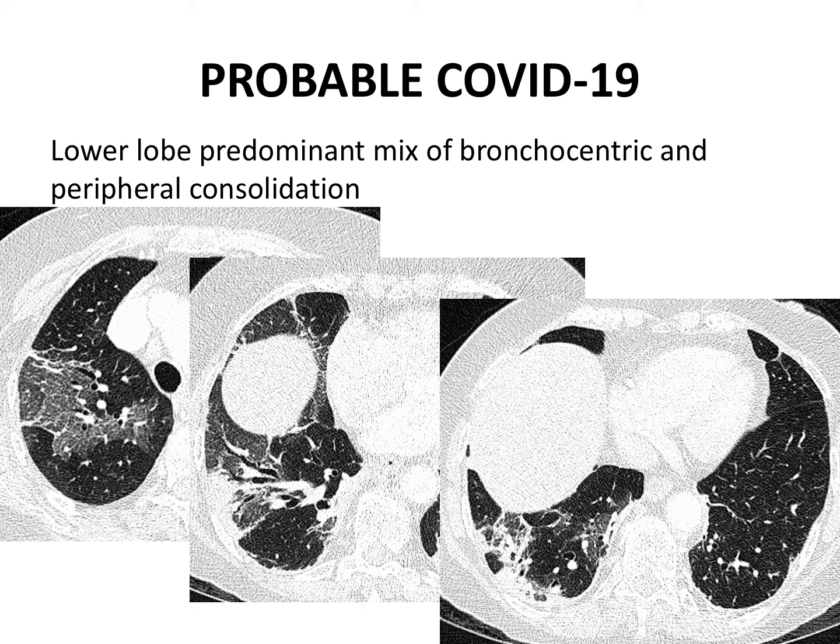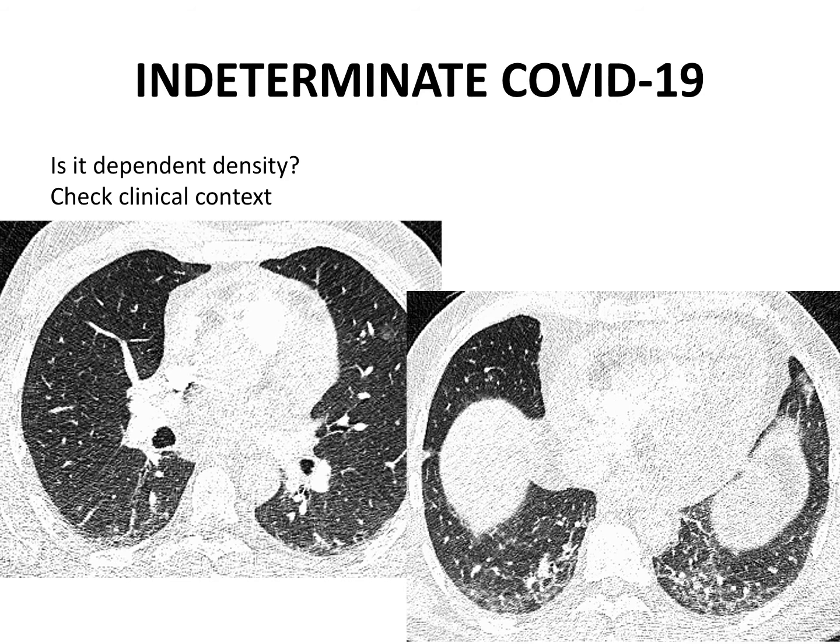This would be defined as probable COVID-19 pattern, which is peripheral in places around bronchovascular bundles and more central in others, for example, in that right upper zone image. Around 80% of patients with that pattern in the appropriate context will have COVID-19 infection.